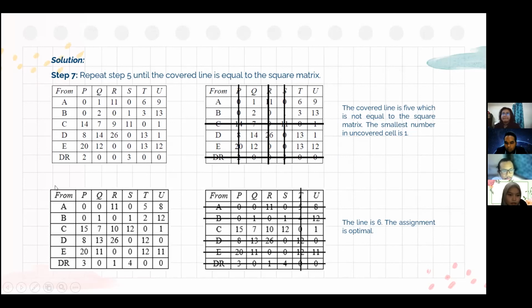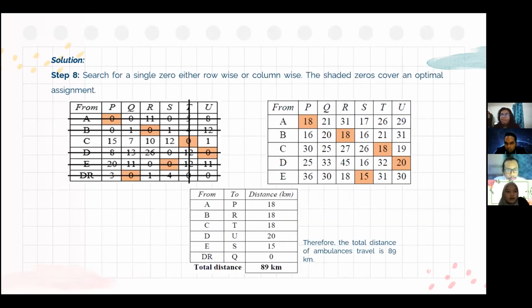After that, we get this matrix, and then we cover the zeros with the minimum lines, and here we got 6 lines, which means that the assignment is optimal. So in step 8, we need to search for a single zero, either row wise or column wise. The shaded zeros give an optimal assignment.